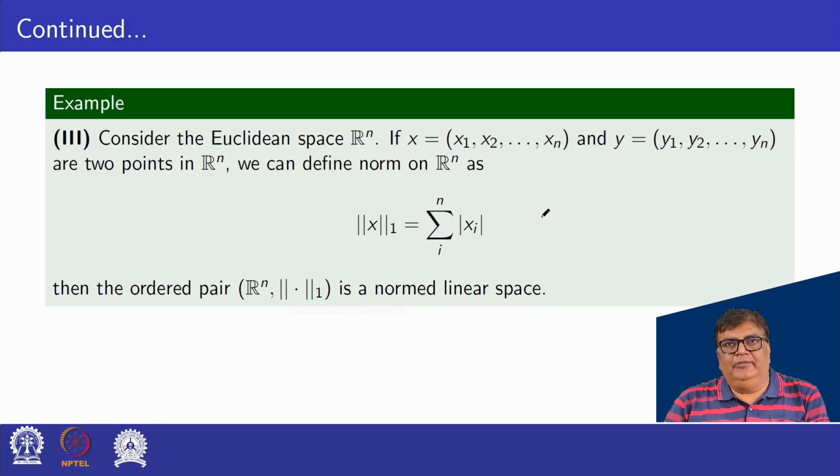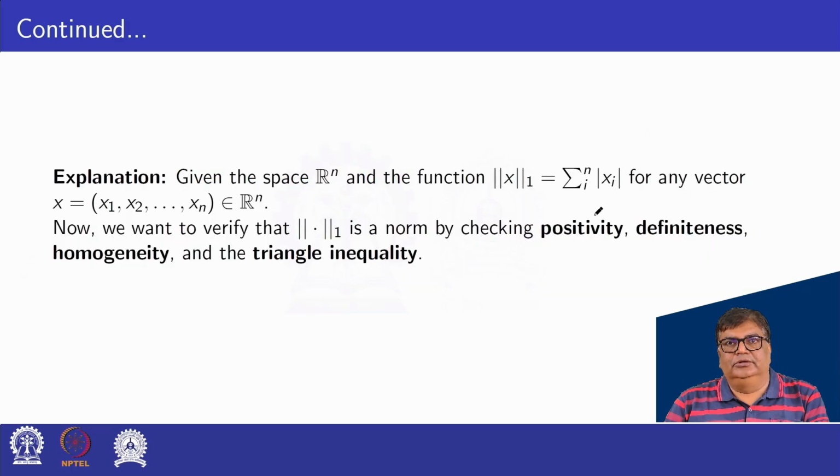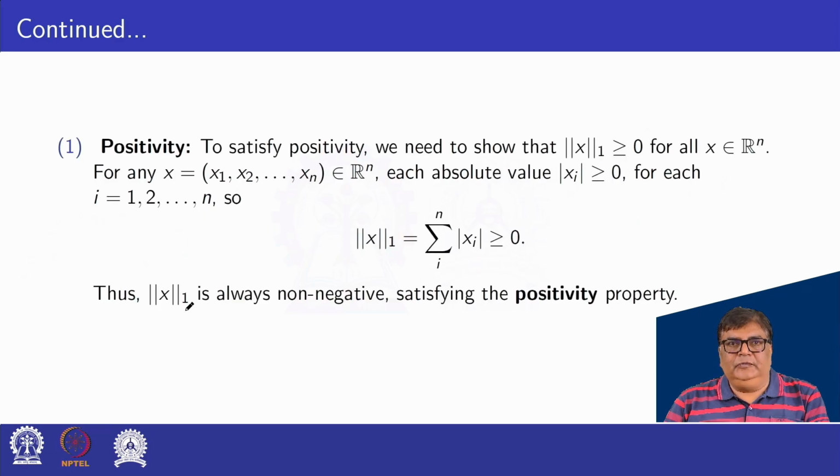Here norm x is the summation of mod x1 plus mod x2 plus and so on mod xn. It means the sum of n non-negative numbers, and the sum of non-negative numbers is non-negative. That is, norm x1 is greater than or equal to 0.